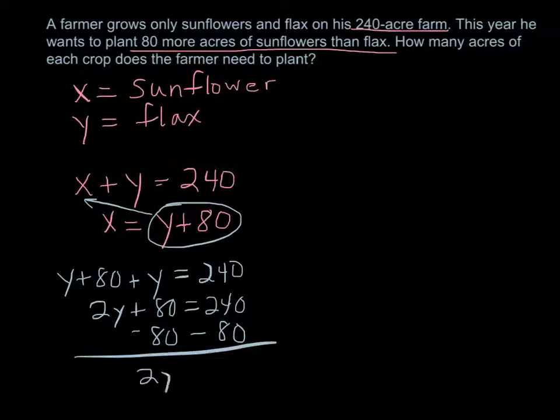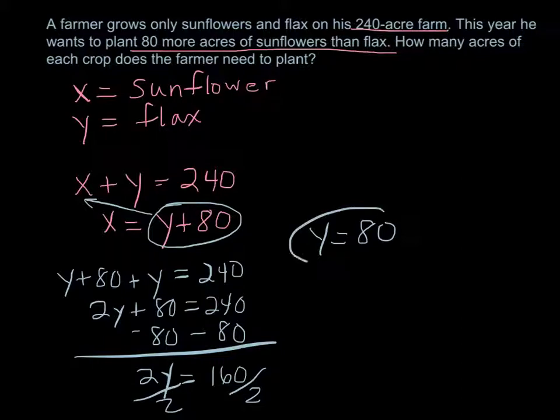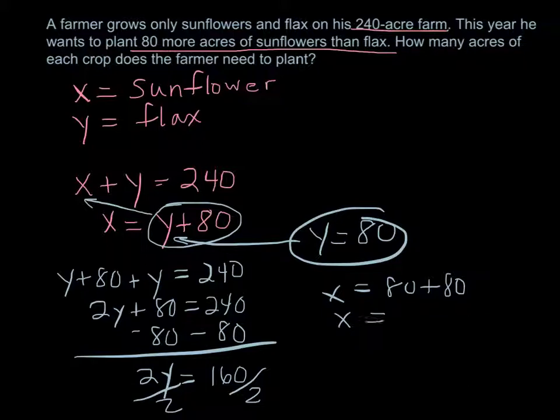We get 2y equals 160. And divide by 2. So y equals 80. And then x, I'm going to take this and plug it right there. So x equals 80 plus 80, which is 160.